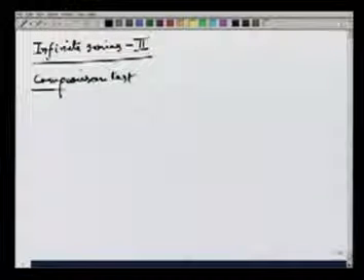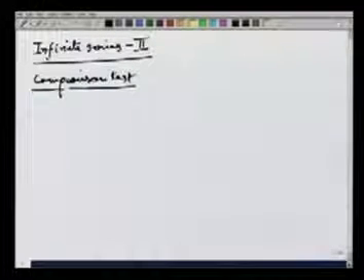The idea is very simple. The idea is that given a series which converges, how to find another convergent series using this information that the given series is convergent. That means we like to compare. Okay?